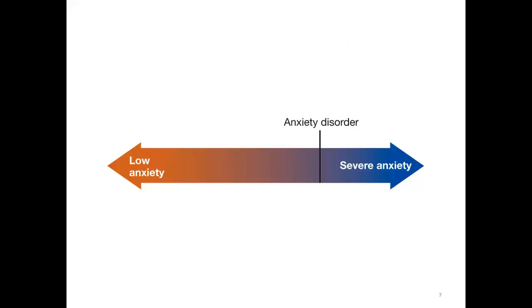So, let me check my next slide. All people experience anxiety. But those without anxiety disorders have low to mild anxiety. There's always going to be times where they have something that's incredibly stressful, and then they'll have more elevated anxiety, but they don't get to the severity of having an anxiety disorder.